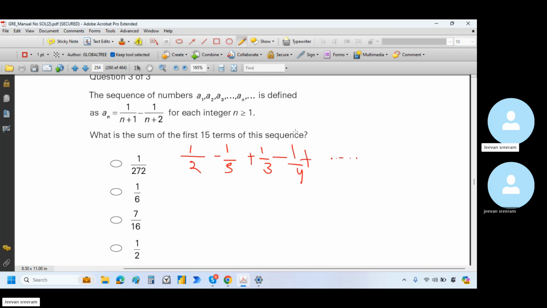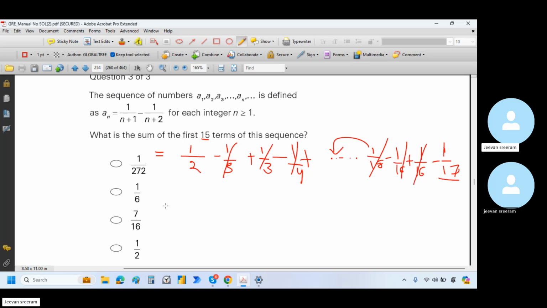Similarly, for the first 15 terms, let's write the 14th number. So 1 by 15 minus 1 by 16. Similarly, the 15th number, 1 by 16 minus 1 by 17. Just observe which terms are going to be cancelled. So 1 by 3, 1 by 3, 1 by 4, 1 by 4, 1 by 15, definitely in the previous term, minus 1 by 15, right? 1 by 16, 1 by 16.